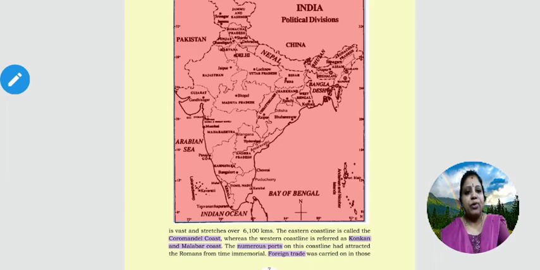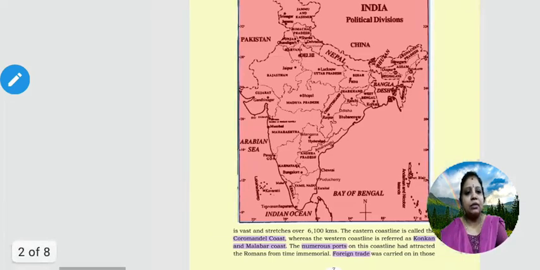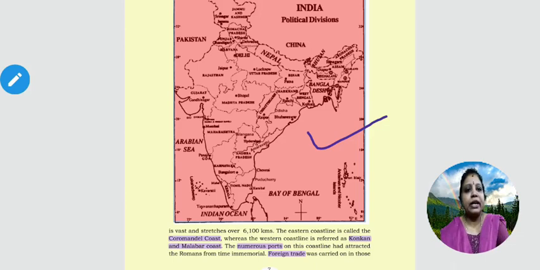Here is the map of India. Here you can see the 28 states and the union territories, and the Bay of Bengal, and you can see the neighboring countries surrounding India: Pakistan, China, Nepal, Myanmar, Bangladesh, Sri Lanka, all located here. Now I will show you the physical features map of India.